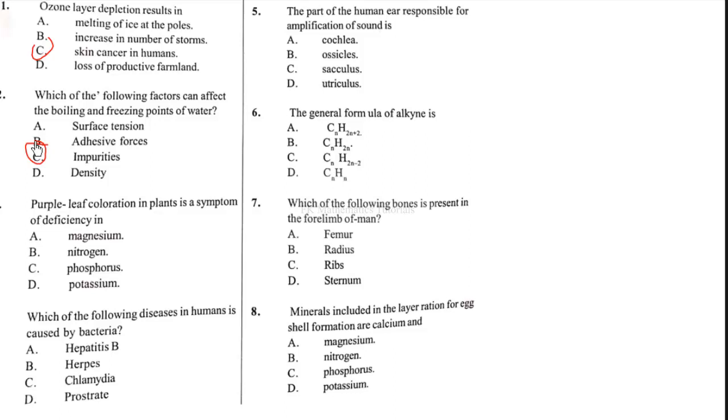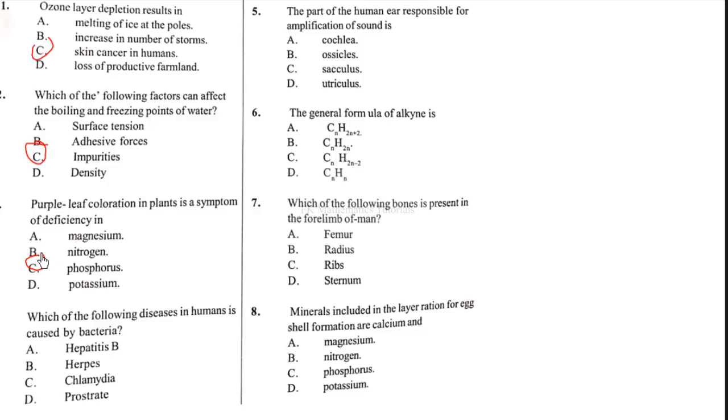So when you realize that a plant's leaf has turned purple rather than green, which is the normal color, then it means that plant is deficient in phosphorus. So the correct answer is C.